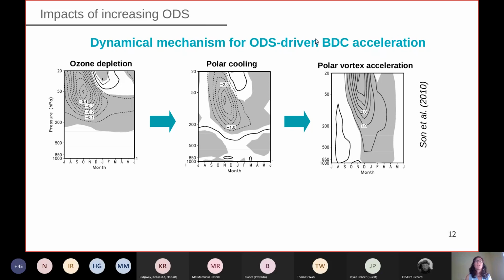Okay, so ODSs are affecting the Brewer-Dobson circulation through ozone depletion. And the mechanism is this one depicted here. So we start from the ozone hole, basically.